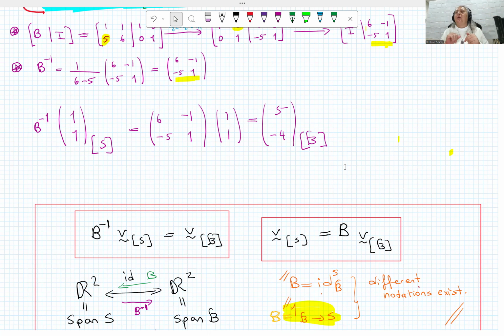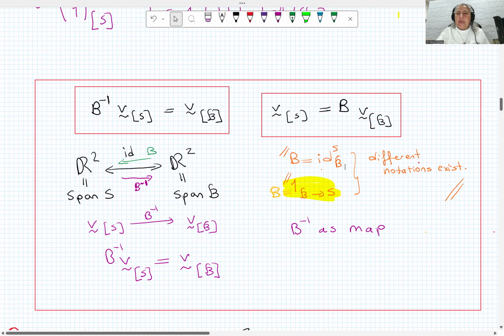That's the formula that we obtained so far. So this is the place where I just summarized it. Okay, so this is what we found.